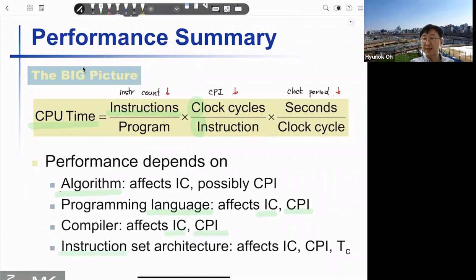And the instruction set architecture, which we learn about, determines what kinds of instructions are available, so it affects the instruction count, CPI, and also the clock period. Also the hardware: the clock period generally depends on the hardware. And this part will be the software part.